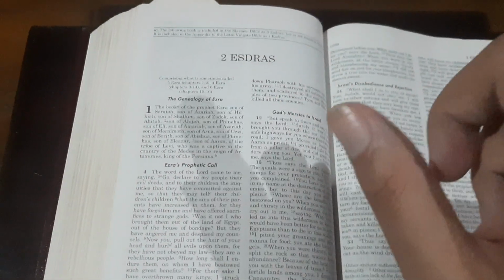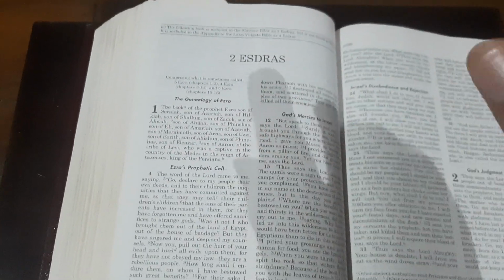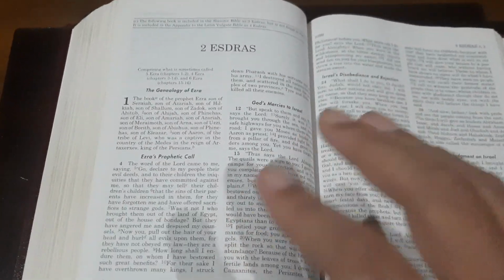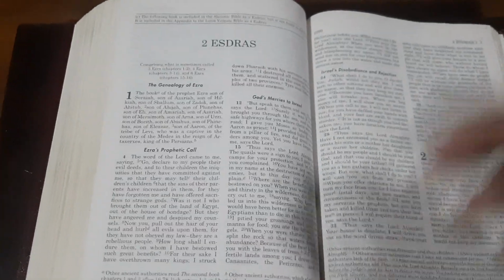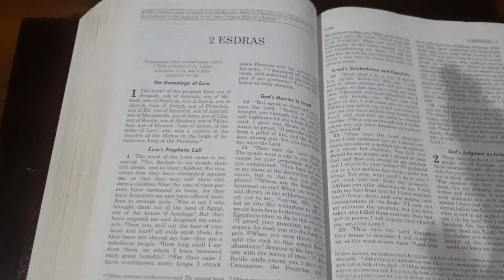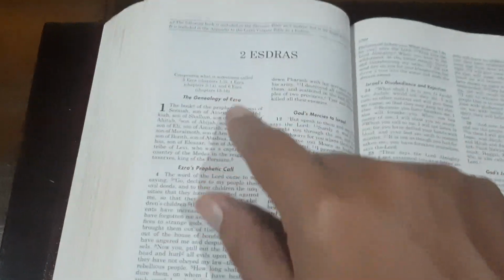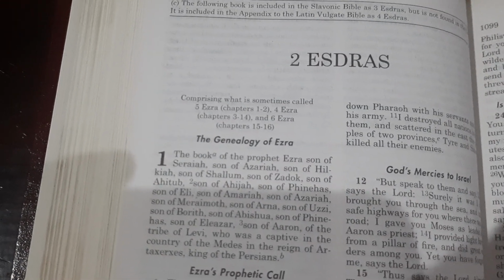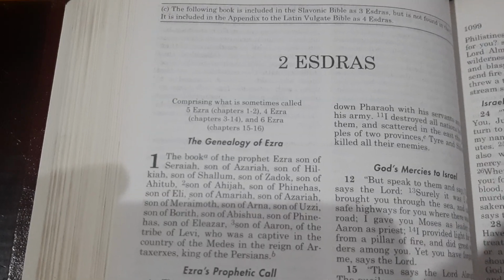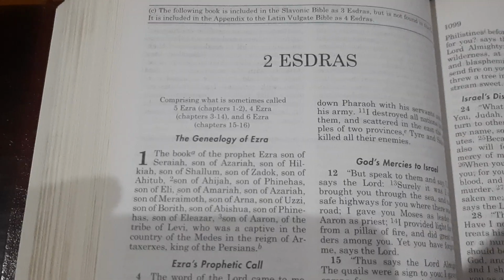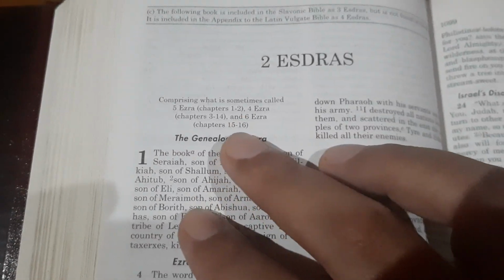And then 2 Esdras. Now 2 Esdras is very interesting because this is actually 3 fragments of books that can be separated, combined, certain parts omitted, depending on the Christian sect. Let's see here, comprising what is sometimes called 5 Ezra, chapters 1 and 2, 4 Ezra, chapters 3 to 14, and 6 Ezra, chapters 15 to 16.